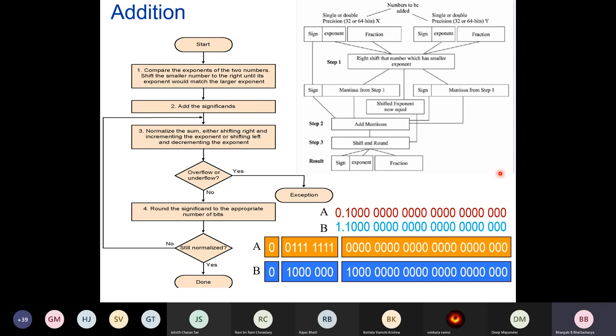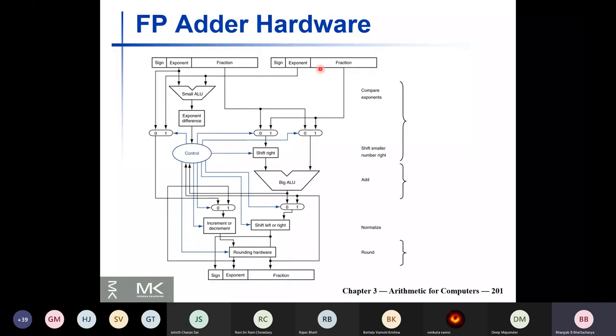So in hardware, as you see, we talked about this basic hardware scheme in the previous class. So now it would be a little bit more clear to you. So these are my two inputs. This is a small ALU which looks into the two exponents and compares them, which one is bigger. And there is a controller which takes care of choosing the input with the smaller exponent and shifting accordingly towards the right, so that now they are ready for addition here.